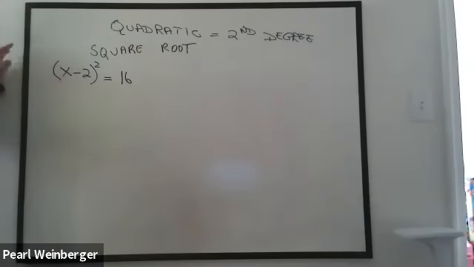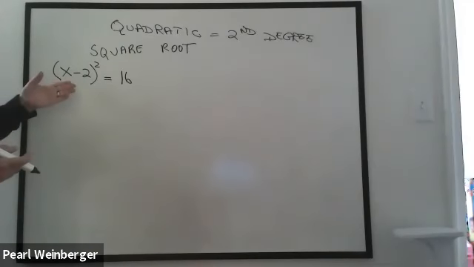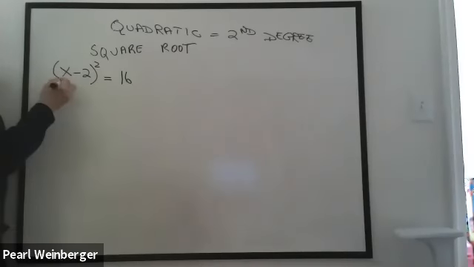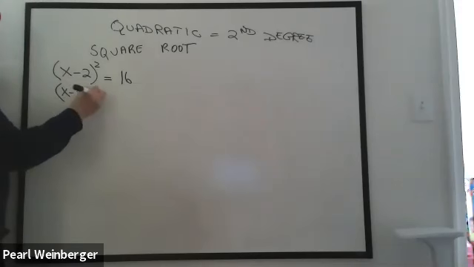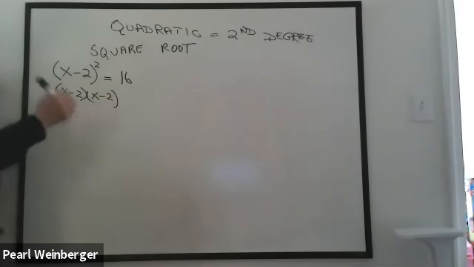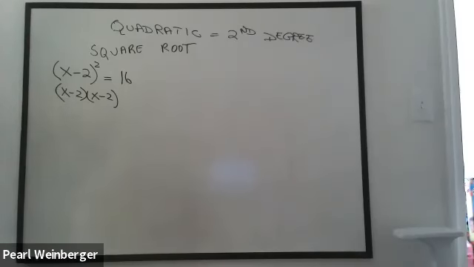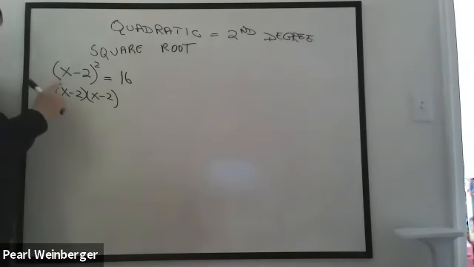Until I started this chapter, if I gave you something like this, I think everybody would say, well, the first thing we better do is get rid of the parentheses. In other words, we have x minus 2 squared, which means x minus 2 times x minus 2, which will give us x times x, which is x squared.